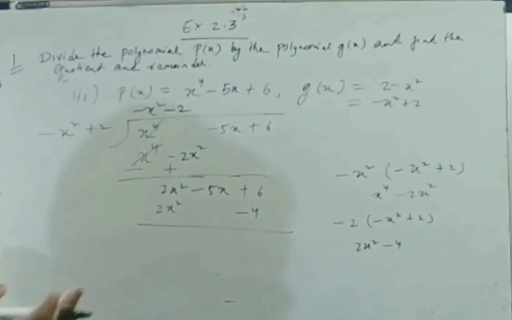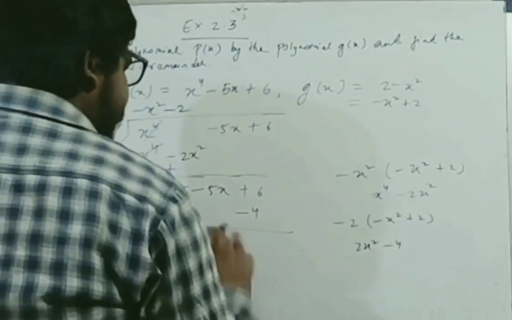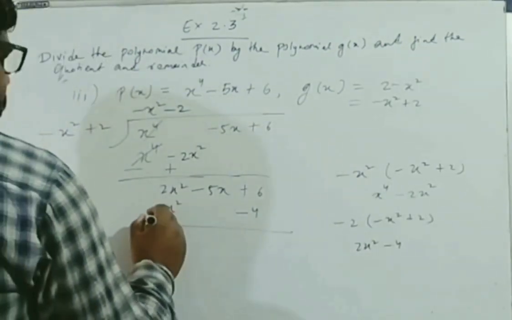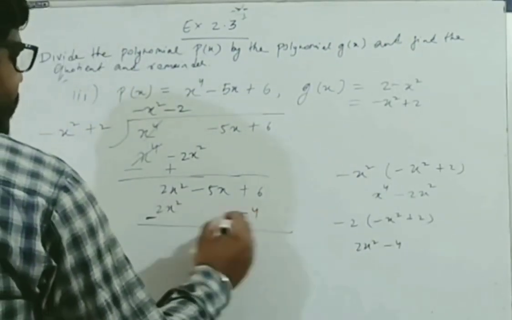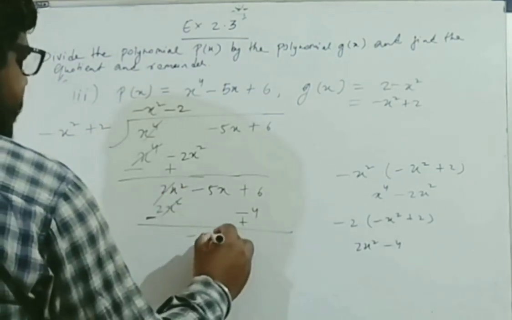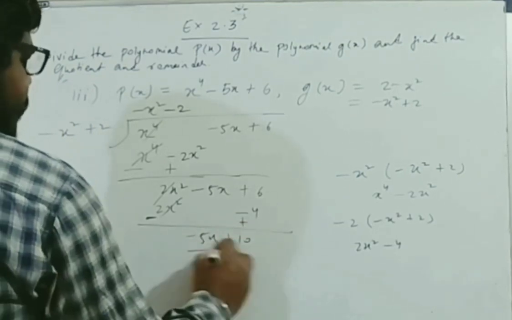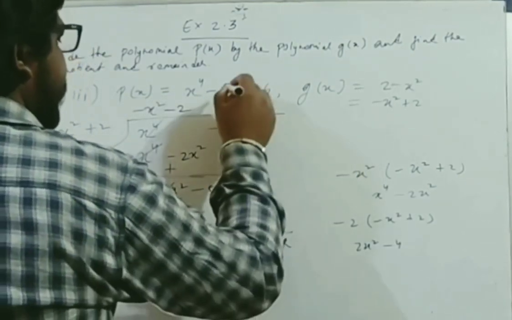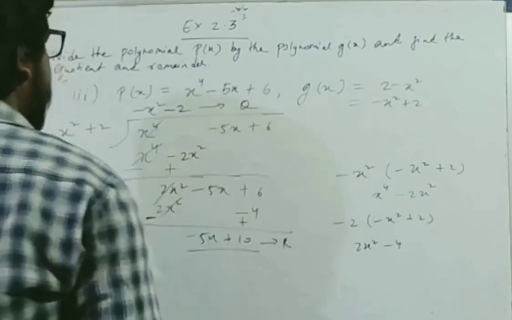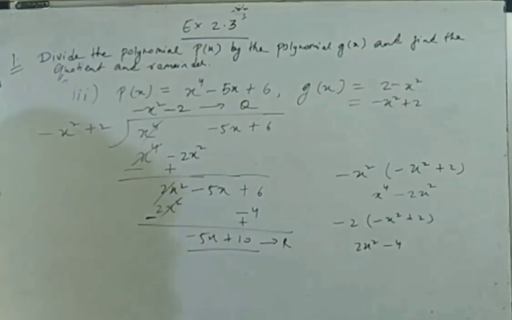This is the same way, or you can take it in the next step also, it makes no difference. Consider it in the next step too. Minus, then this and plus, cancel out. Okay. Minus 5x as it is, plus 4. This is 10. So this is the remainder and this is the quotient. Okay. This is the first question. Exercise 2.3.